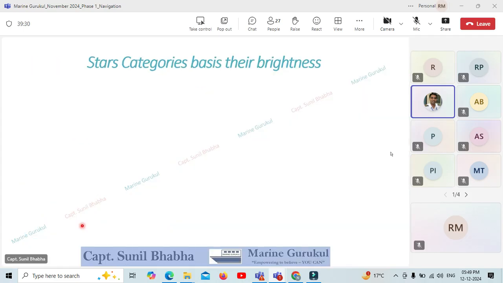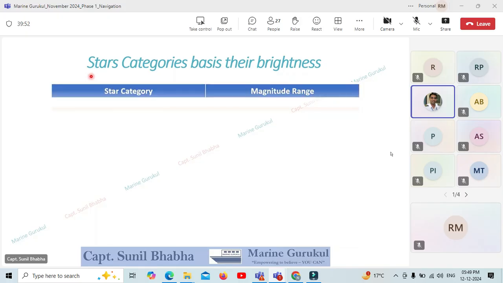Now we have seen the stellar magnitude of the stars. We know that the faintest of the stars are of magnitude 6.0 and the brightest of the stars are magnitude 1 stars. Now these stars are categorized on the basis of their brightness. We have put them into categories. Now what are these categories?